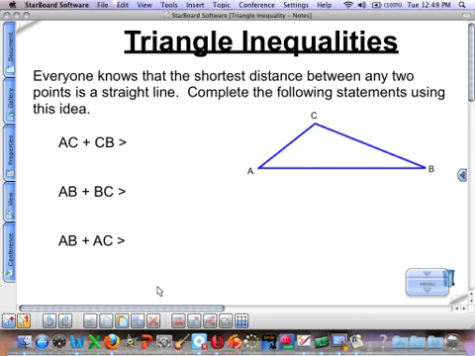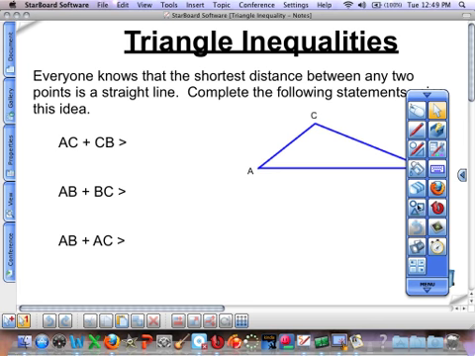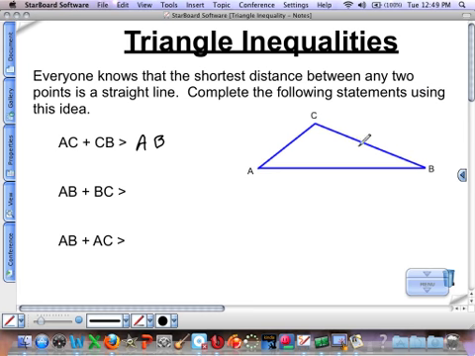So let's go back. If I had the statement AC plus CB must be greater than what? AB. Must be greater than AB. Very good. So AC plus CB must be greater than AB.